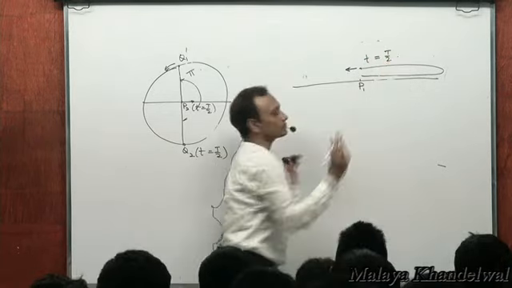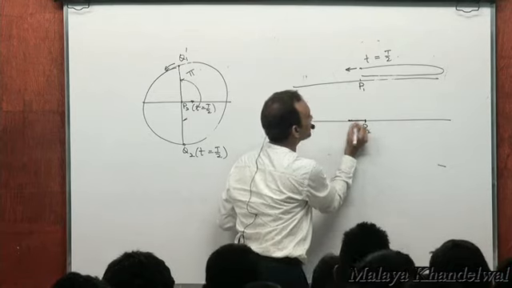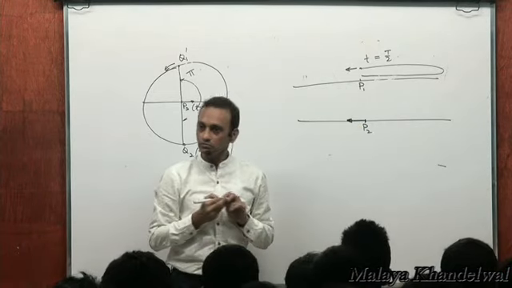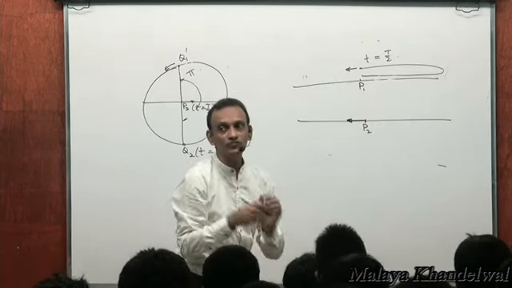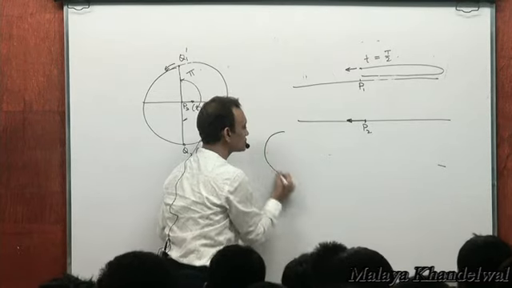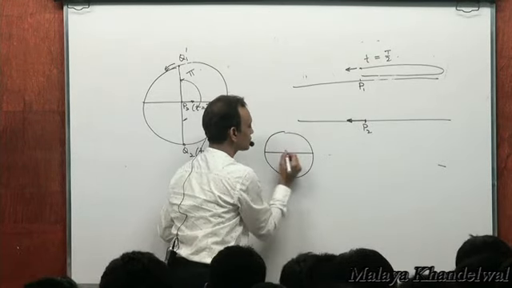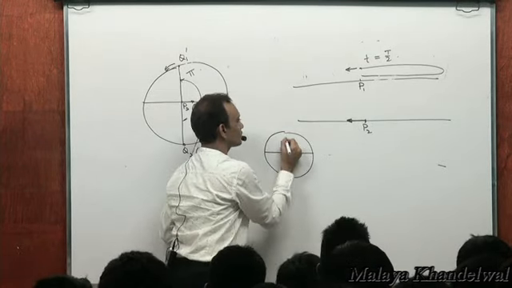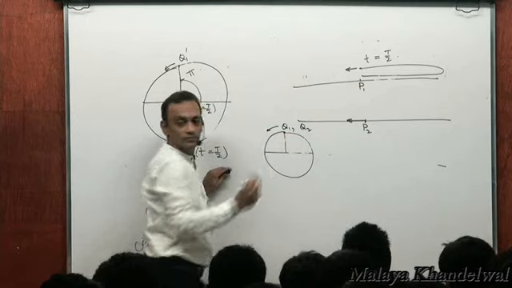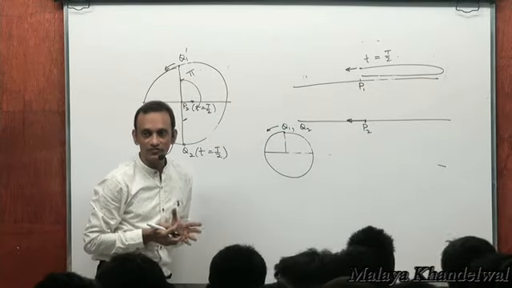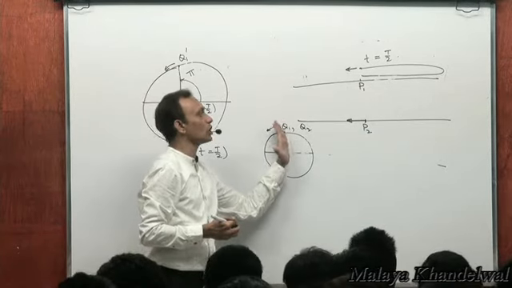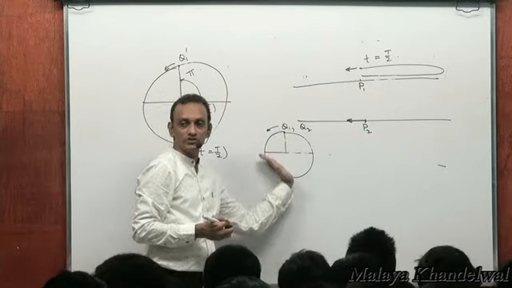For P2, it's headed in this direction. Look at the positions of their auxiliary particles. Their auxiliary particles are Q1 and Q2 like this. Are they not in phase? Will their auxiliary particles not be at the same position at every instant of time? They'll be in phase with each other.